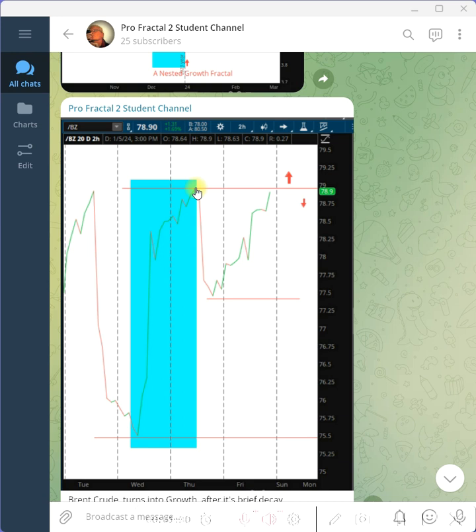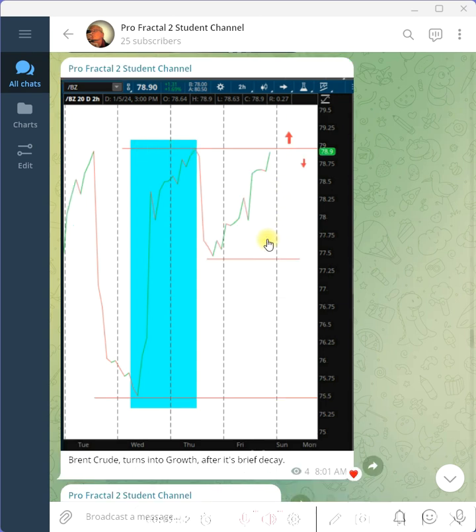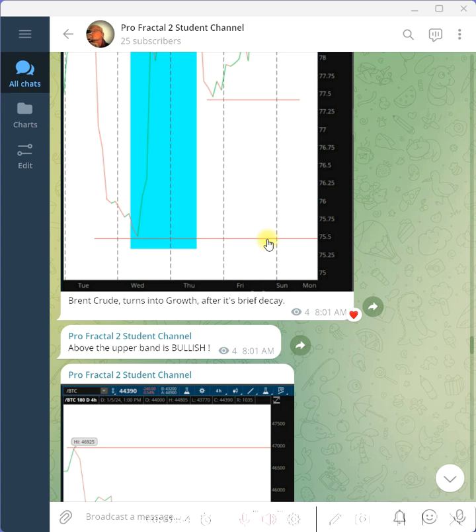It began to decay, and now it's in a growth phase, meaning it'll break the top of the channel here and continue higher. A typical decaying fractal, which is now changing into growth when we break the top of the channel. That's Brent crude. Above the band is bullish.